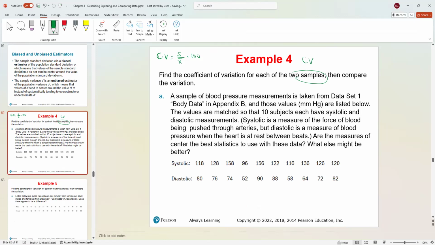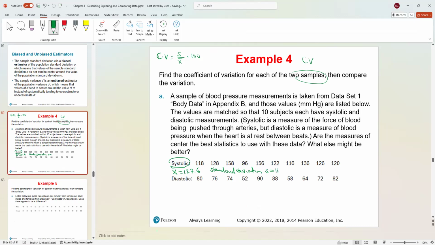Remember, for the first data set, systolic blood pressure, when you add all the data and divide by the sample size, x bar was 127.6. If you do the same to find the standard deviation S, using the formula we learned, it gave us 18.6.